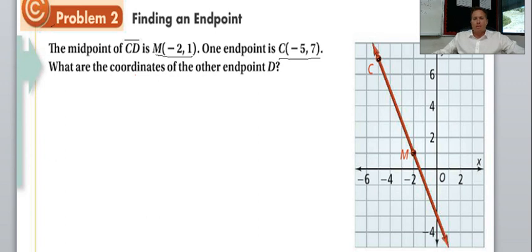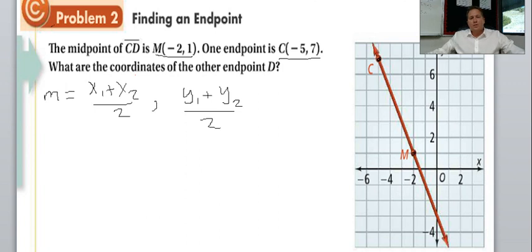We remember though that our midpoint is going to be when we take the average of the x's and the average of the y's right here. So we're going to have y1 plus y2 over 2. And so we're given the midpoint right here. So the midpoint we're going to put in. So let's put in 2, -1. That's our midpoint. And then we're going to put this in. Remember, this first one right here is going to be my x1, and the second one is going to be my y1.